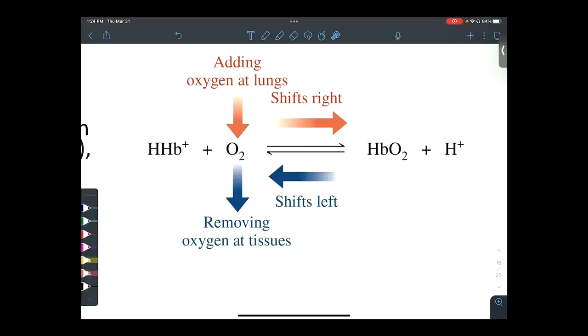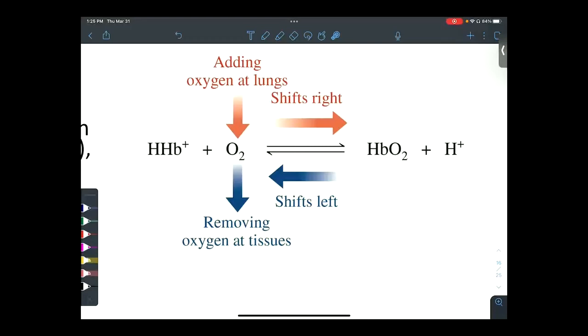All right? So we can see how Le Chatelier's principle works, because when hemoglobin travels to our lungs, into those little capillaries, what do you think the oxygen concentration is in our lungs? Is it high or is it low?